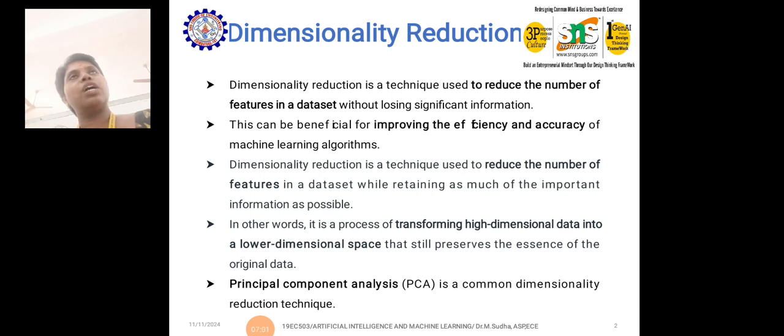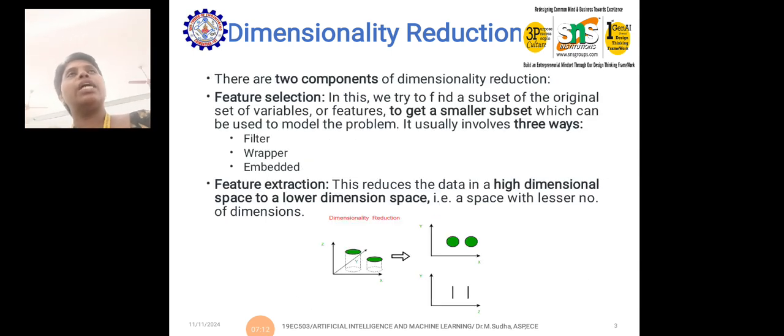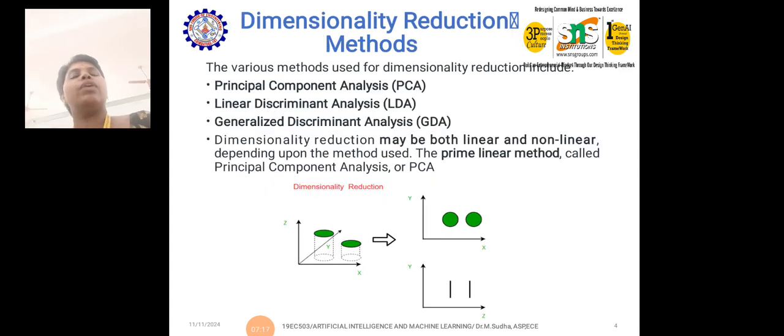To manage the cost, that is, to minimize the cost function, as well as to improve accuracy and efficiency. The regular dimensionality reduction methods are three: principal component analysis, linear discriminant analysis, and generalized discriminant analysis. The most common method used for dimensionality reduction in applications is principal component analysis.